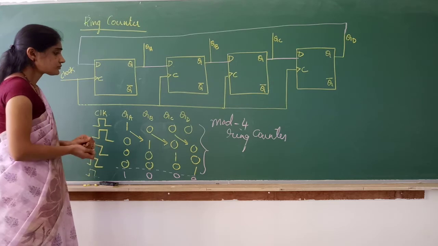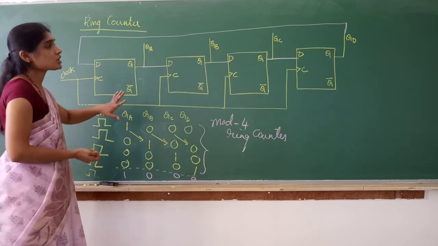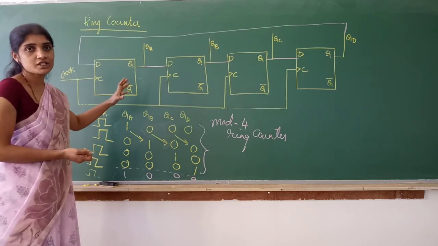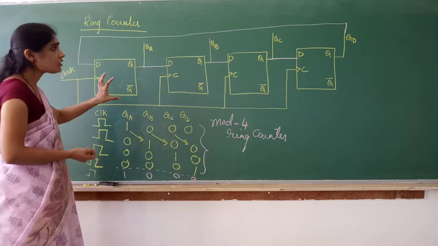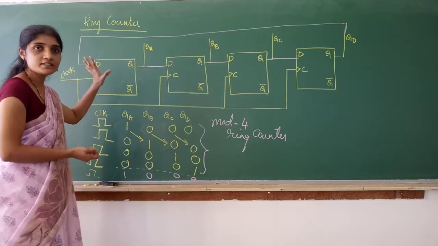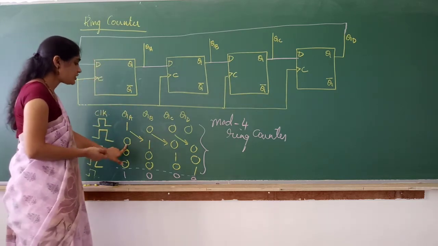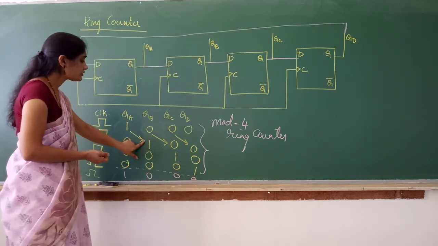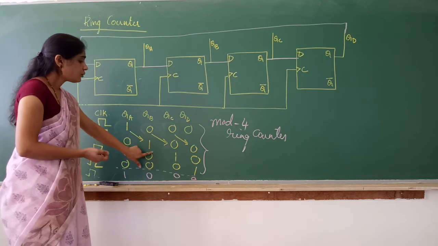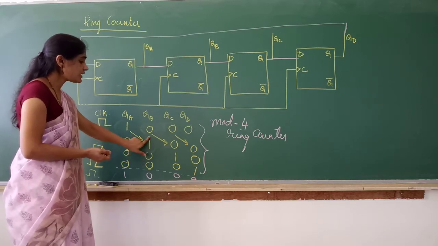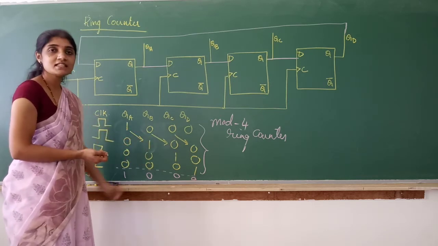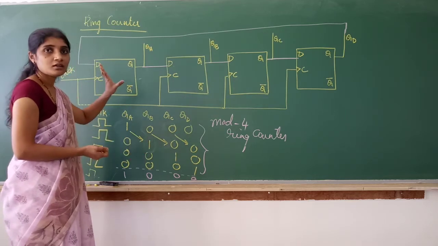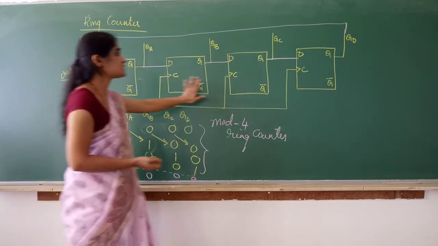And compared to Johnson counter, ring counter is not efficient because, see, if you want to decode any sequence, let's say I want to decode 0 1 0 0, it is enough if I just observe the output of QB. Once I get the QB output as 1, I can easily tell the sequence is 0 1 0 0.